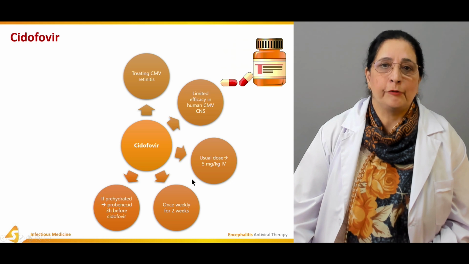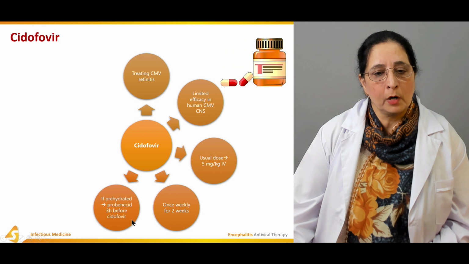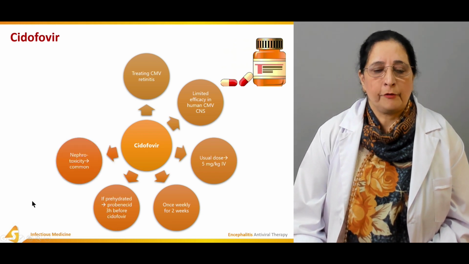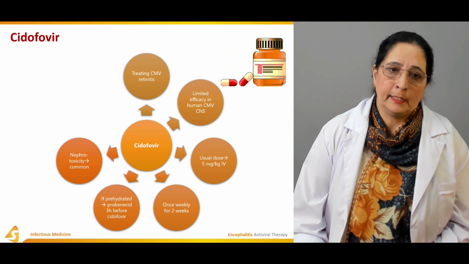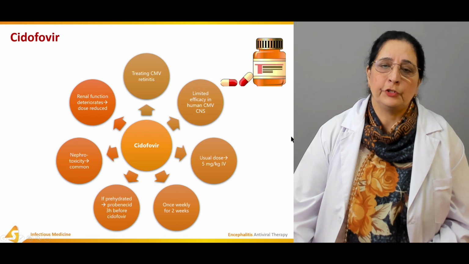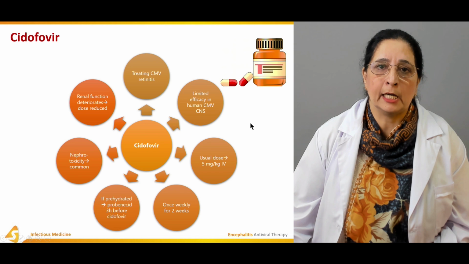Patients should be prehydrated, and probenecid is given 3 hours before cidofovir is used. Nephrotoxicity is common with cidofovir, and renal function deterioration is also possible, and if that is present, dose reduction should be done.